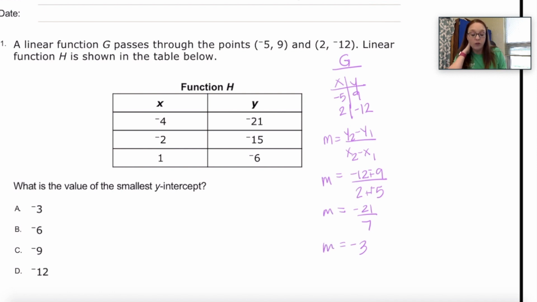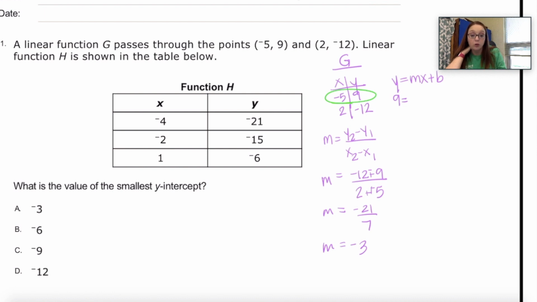Now we're going to find the y-intercept. We're going to plug one of our points along with our slope into the equation y equals mx plus b. We have to decide which point to use first, so I'm going to pick the top point. In place of y, I write the y coordinate of 9.